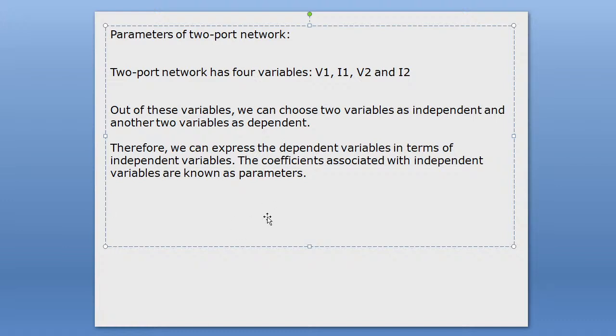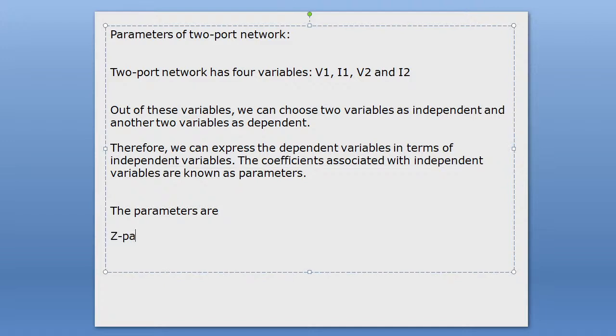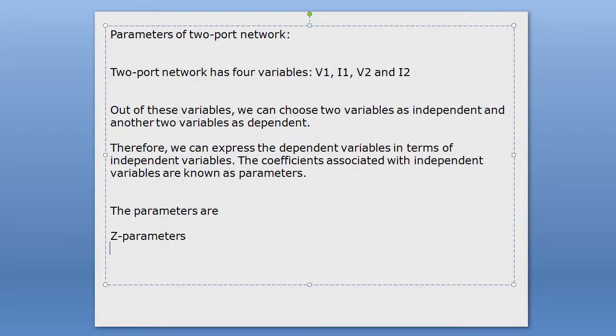Let me write them. The first is Z parameters, also known as open circuit impedance parameters.